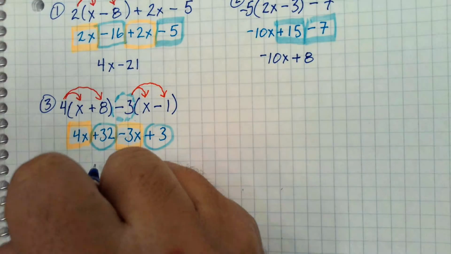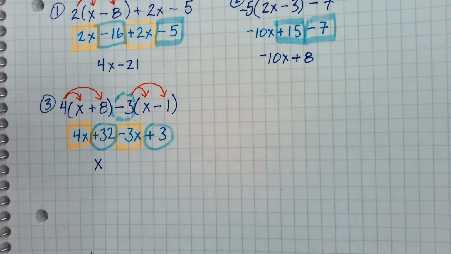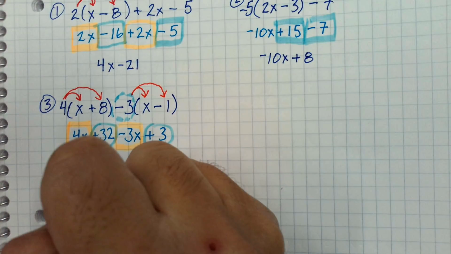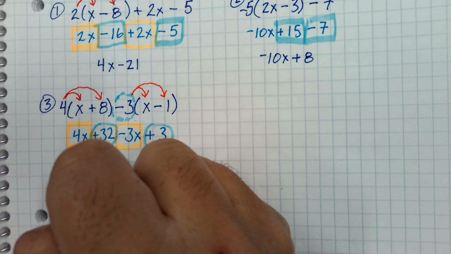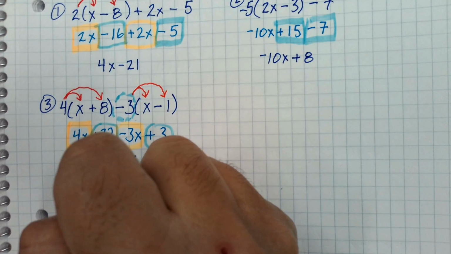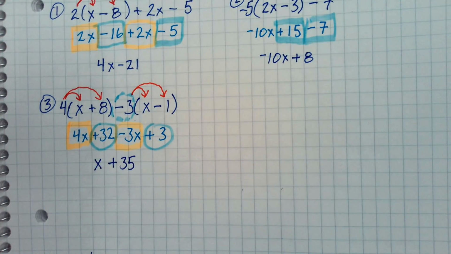I'll just write that as x. It's the most common way of writing it when you have one of them, just no coefficient. And then 32 and 3 is 35, so plus 35. Any questions? No. Okay, we'll do one more.